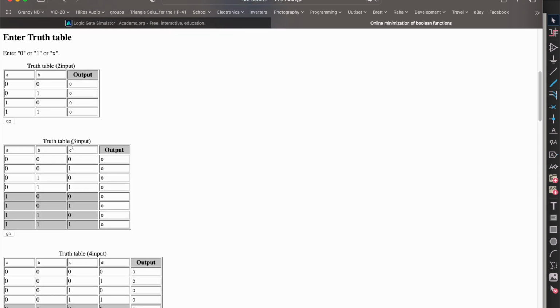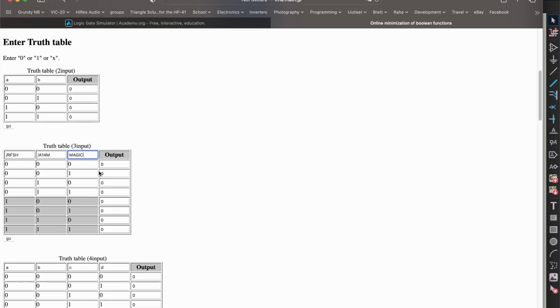So here we've got a 3 input truth table. Here is refresh, and this is A14M. And then this is that magic value there. So what we basically had was, if it's 0, 0, 0, then output 0. If both of these are 0, then we take whatever that value is there.